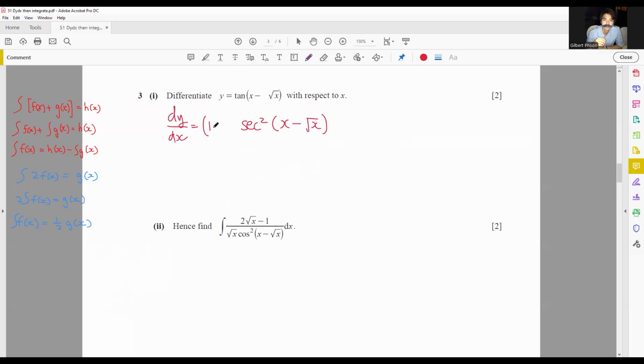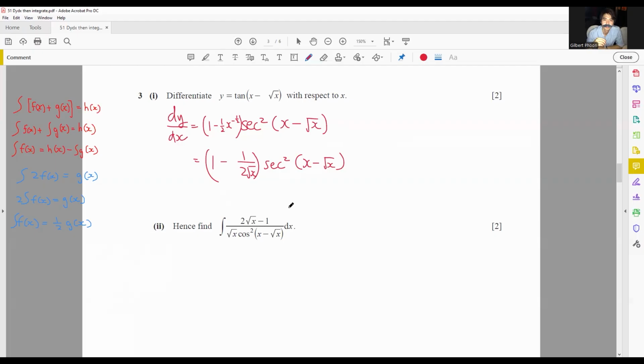You would have gotten 1 minus 1 over 2, then it becomes x to the power of negative 1 over 2, like so, right? Rewriting this, you would have gotten 1 minus 1 over 2 root x, secant squared of (x minus root x), right?